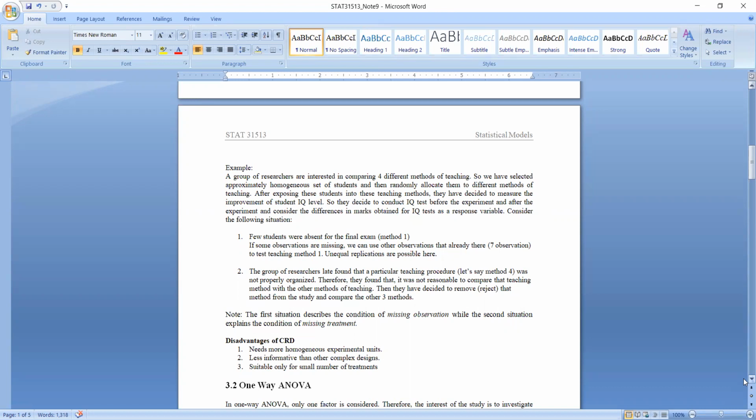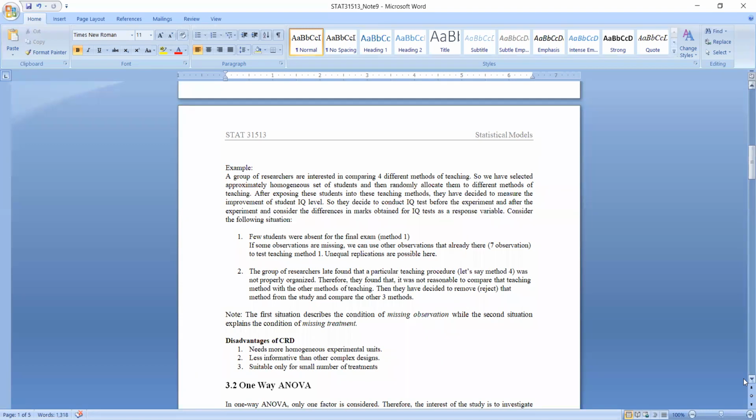Now, in this case, let's say there are a few students who have joined the experiment. So they have faced the IQ test at the beginning, and they have been assigned a particular teaching method. But at the end of this experiment, let's say they have not faced the final exam. Let's say these students have been assigned method 1 teaching.